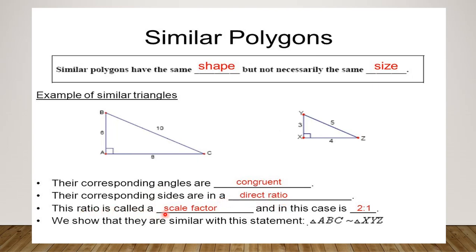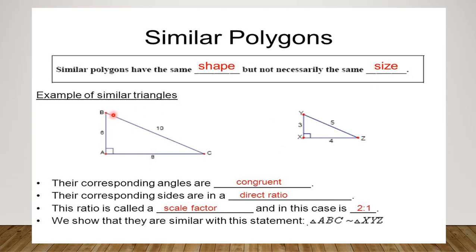The ratio is called a scale factor, and this ratio is 2:1. How does it come? If we take BA upon YX, that is 6 upon 3, or we can say 2 upon 1. When we take AC upon XY, that is equal to 8 upon 4, or 2 upon 1.